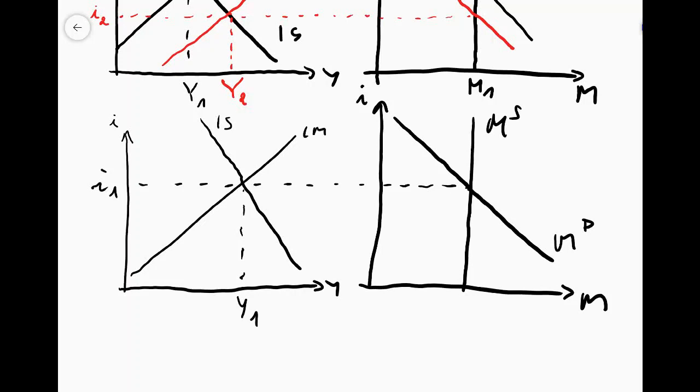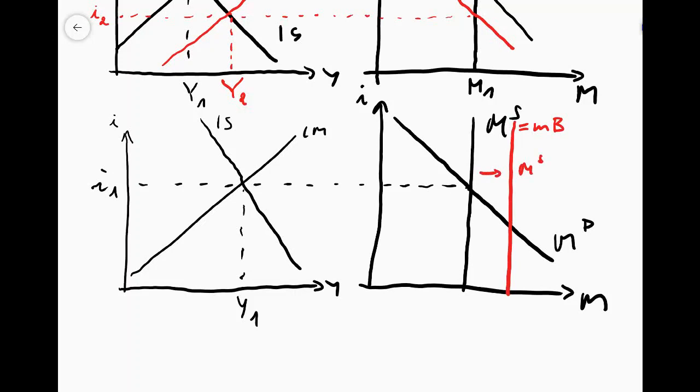So what happens if the monetary base increases in the economy because the central bank carries out open market operations, so it is going to buy bonds from the households, for example. Now, if that happens, then because money supply equals multiplier times the base money, there must be a rightward shift of the money supply.